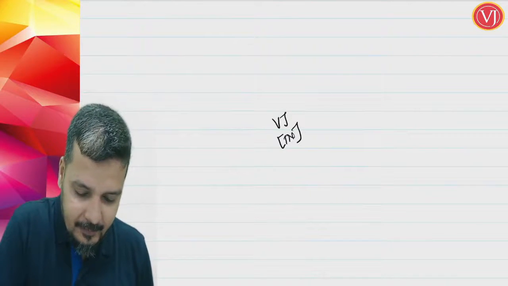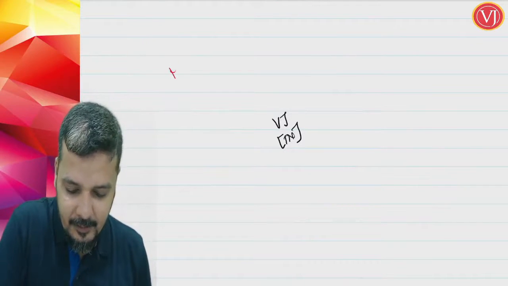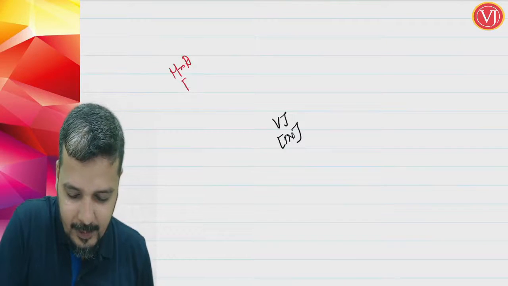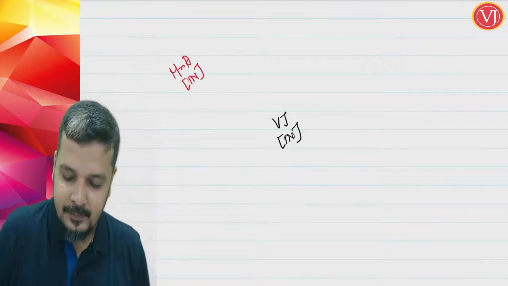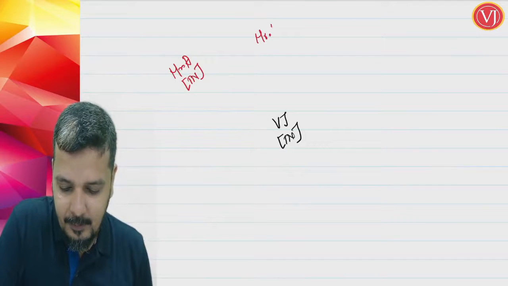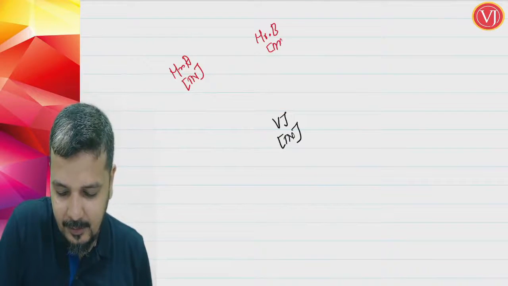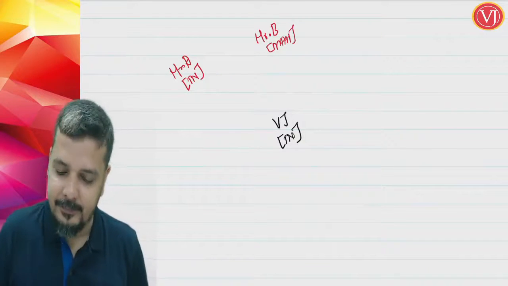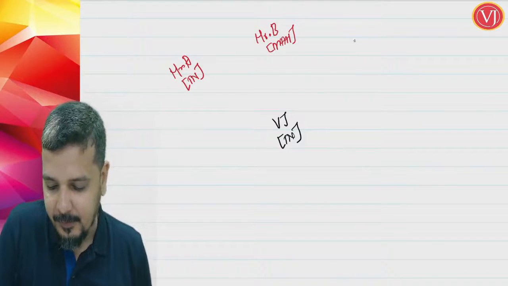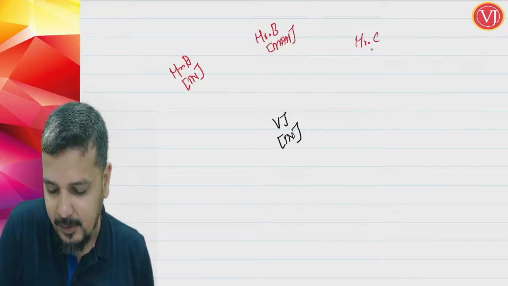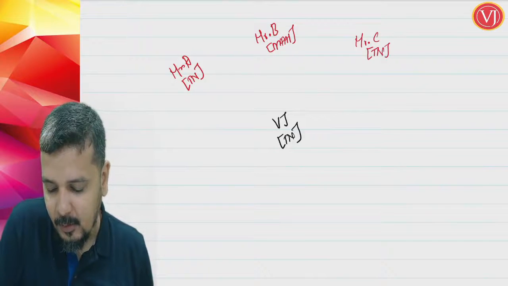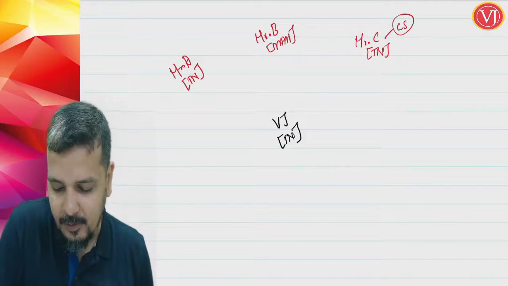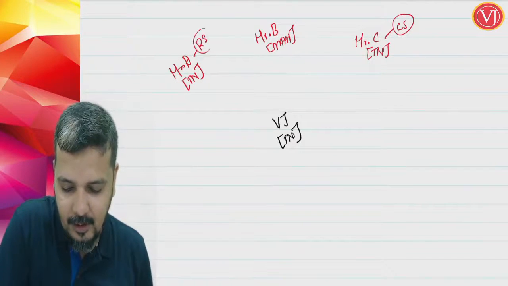I'm purchasing from another person, Mr. A, who's there in Tamil Nadu. I'm purchasing from Mr. B, who's there in Maharashtra. I'm purchasing from Mr. C, who's there in Tamil Nadu but under composition scheme.